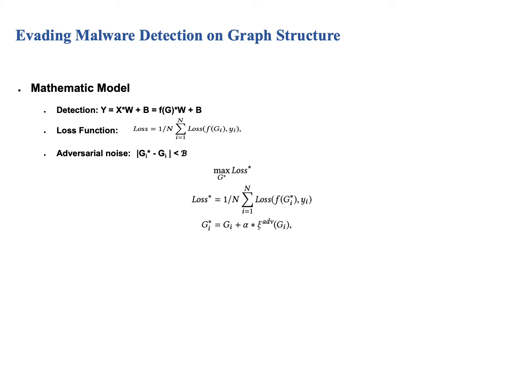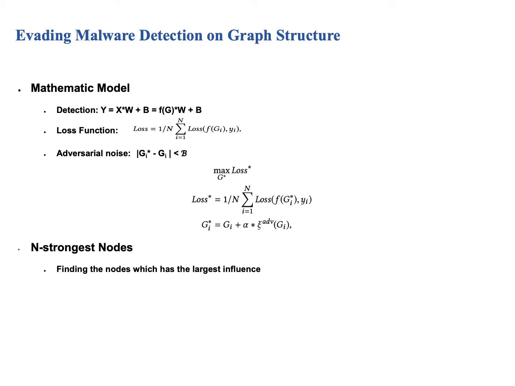Our purpose in adversarial machine learning is to maximize the loss function in order to make a wrong decision. For the first step, we have the original graph, and then we modify it and get G star as our modified graph, and G is our original graph. And then our purpose is to maximize the loss function.